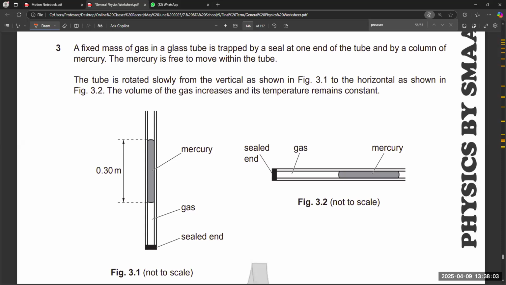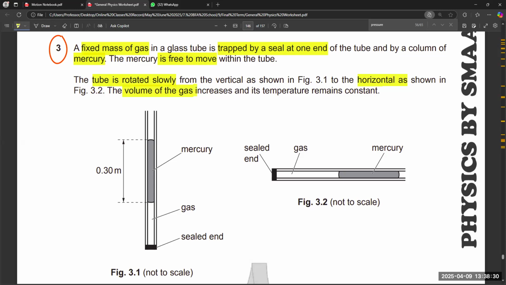So this is another question. A fixed mass of gas in a glass tube is trapped by a seal at one end of the tube and by a column of mercury. The mercury is free to move within the tube. The tube is rotated slowly from vertical as shown in figure 3.1 to horizontal as shown in figure 3.2.